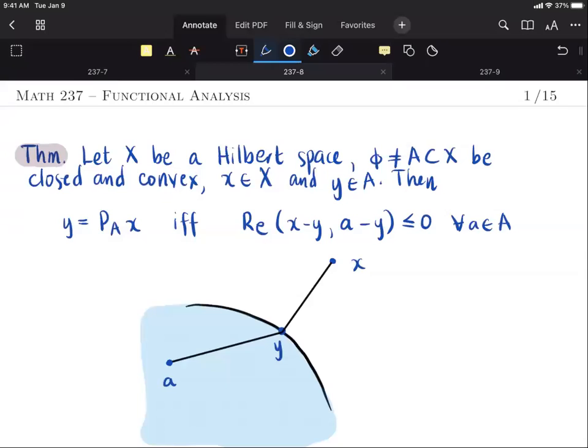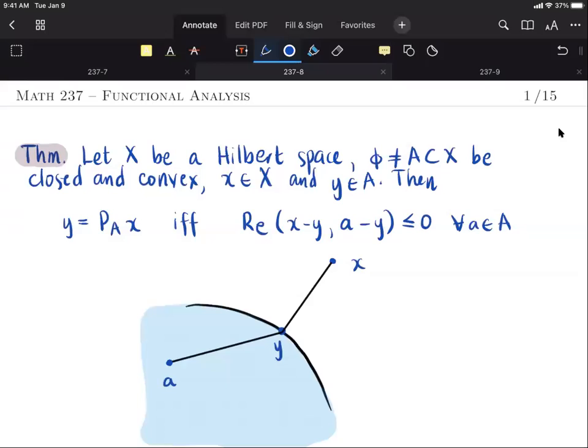So in the following theorem, we provide an alternative characterization of the projection map on a closed and convex subset. So again, let us consider a Hilbert space X, a non-empty convex and closed subset A, a point x in the Hilbert space, and a point y in the closed and convex subset.